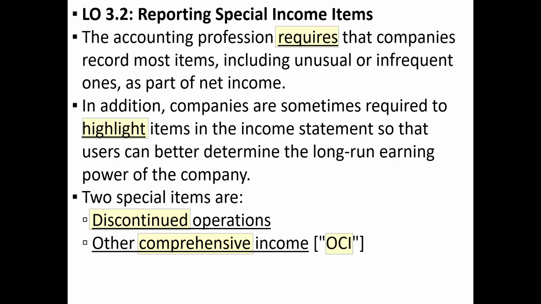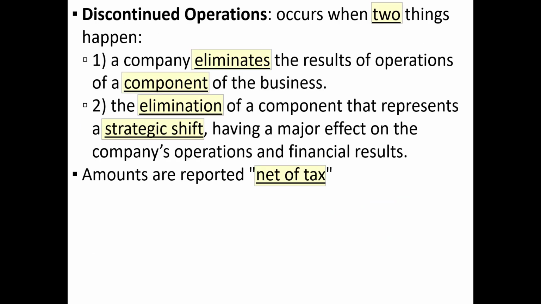Generally those unusual or infrequent types of activities revolve around discontinued operations and other comprehensive income, OCI. Discontinued operations often happens, say, when a company does restructuring. And when they do that, they say, look, we're going to separate off a part of the business. We don't want that part of the business to be commingled with our ongoing operations for next year. So let's talk about discontinued operations.